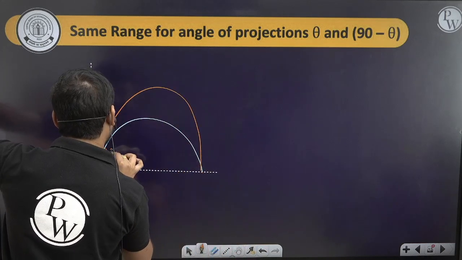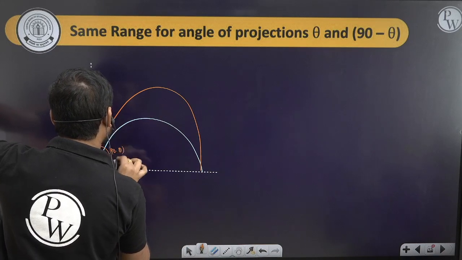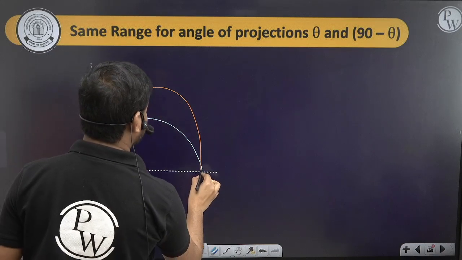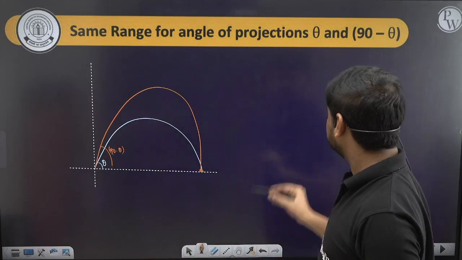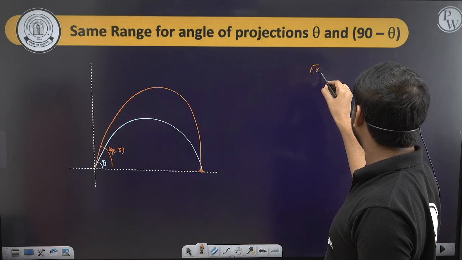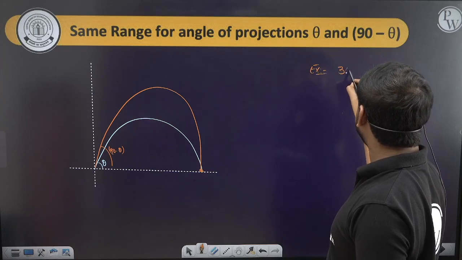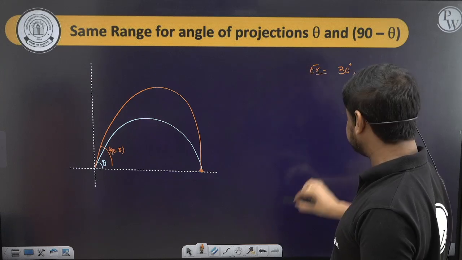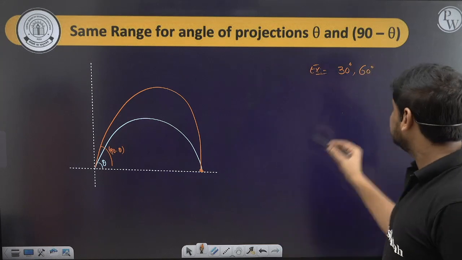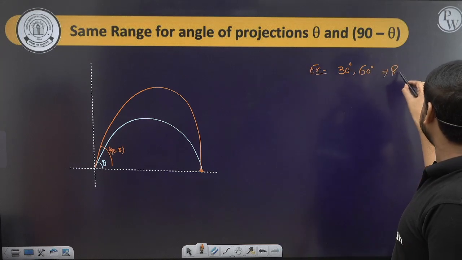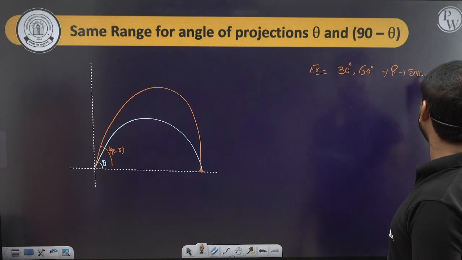The ranges will be the same for theta and 90 minus theta. For example, if one angle is 30 degrees and the other is 60 degrees, those two angles are complementary, so their range will be the same.